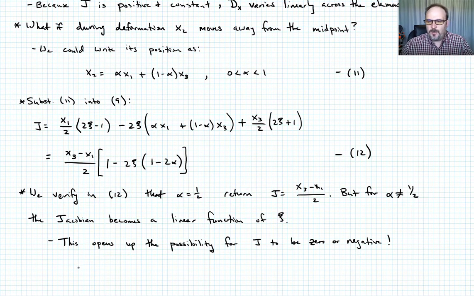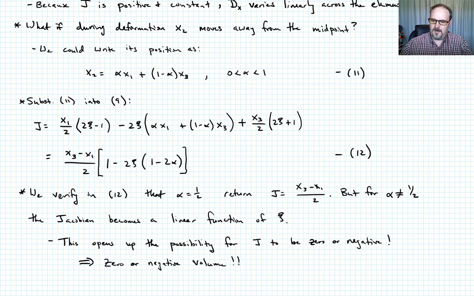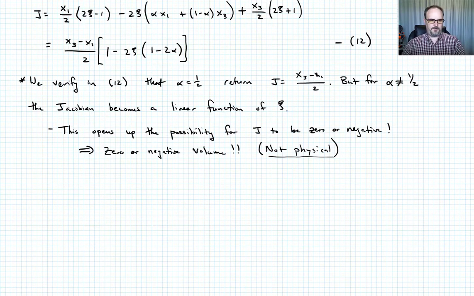Okay, so this opens up the possibility for J to be 0 or negative, which would imply a 0 or negative volume. And we know this is not physical. So let's think about what it would take to drive that value to 0 or negative, okay?